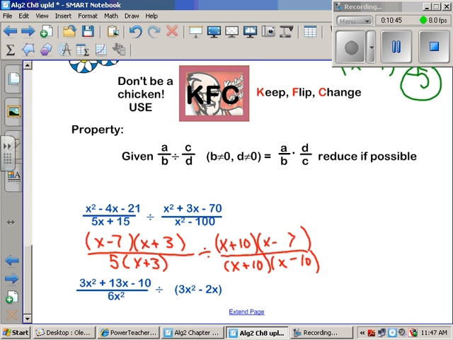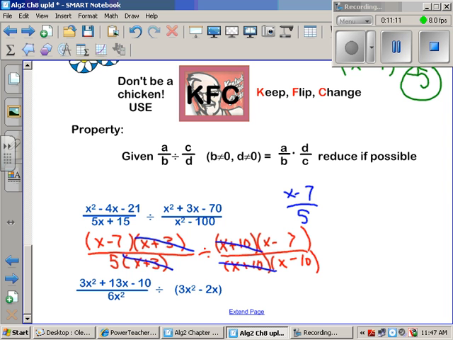Just like simplifying fractions that we did at the beginning, you can cancel stuff here first to make it smaller so that when you do keep, flip, change, you don't have so much to worry about. So the x plus 3's can cancel. No, x plus 10. So that leaves me x minus 7 over 5.